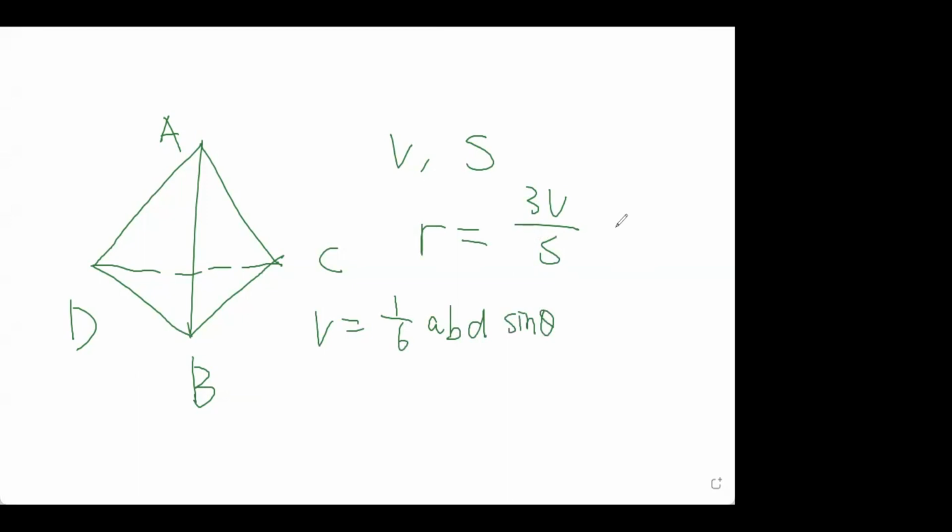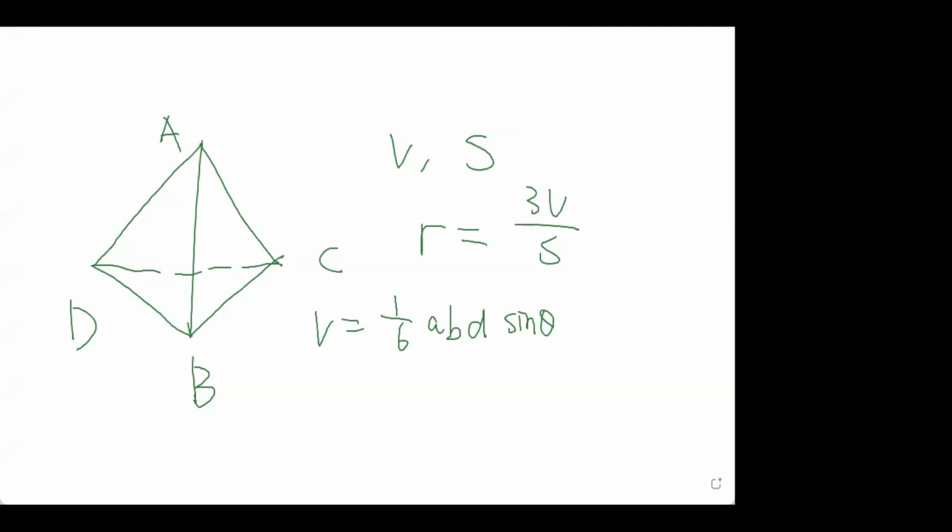And in Steiner, wait, let me see. D is the distance between AB and CD, and theta is the angle formed by AB and CD. It is the Steiner theorem in geometry.